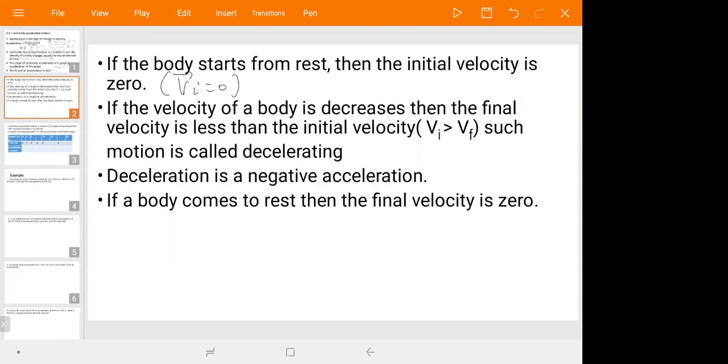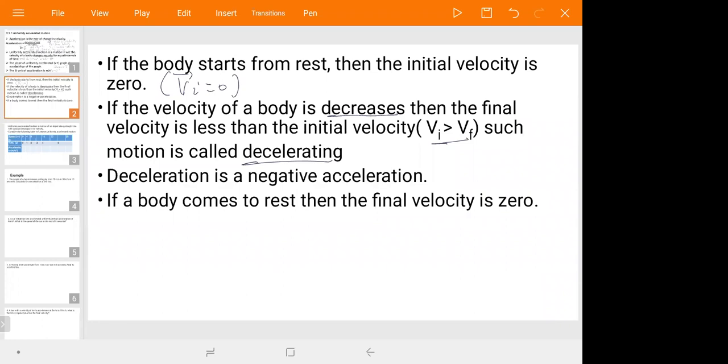The other point: if the velocity of a body decreases, the final velocity is less than the initial velocity, or the initial velocity is greater than the final velocity. Such a type of motion is what we call decelerating.